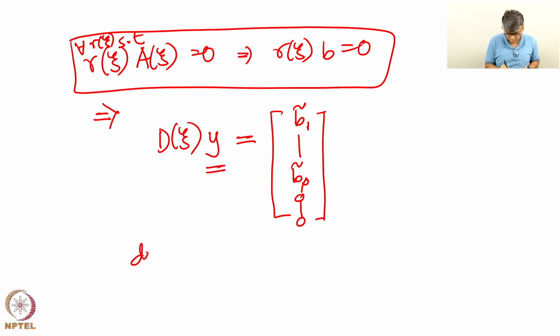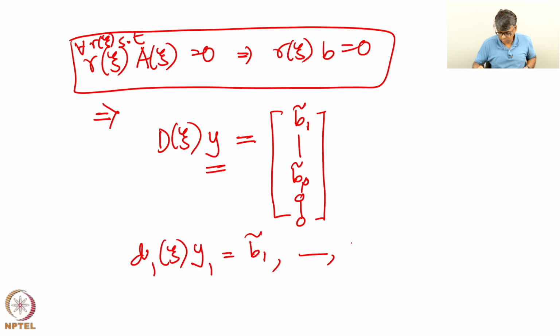Indeed. Why? Because look at what this says. d1 xi must be equal to b1 tilde, dot dot dot d rho xi must be equal to b rho tilde, and we know that such individual scalar equations will have a solution for all b1 up to b rho. Just take convolution integrals corresponding to these guys. That's it. So we have a solution y.